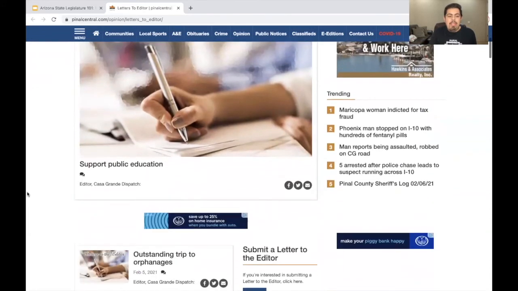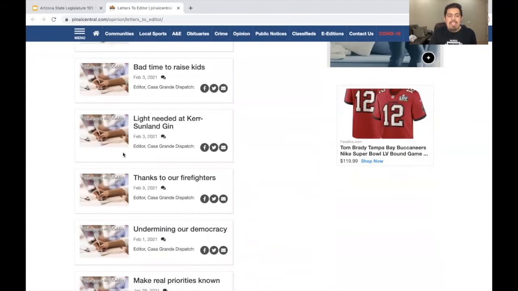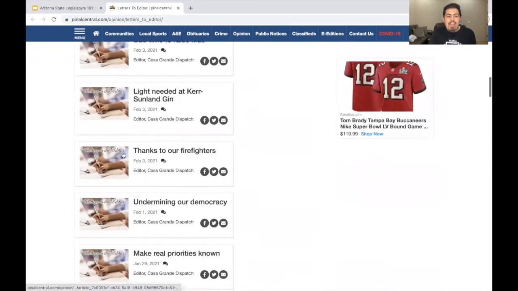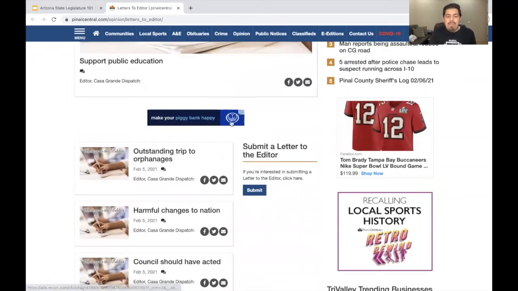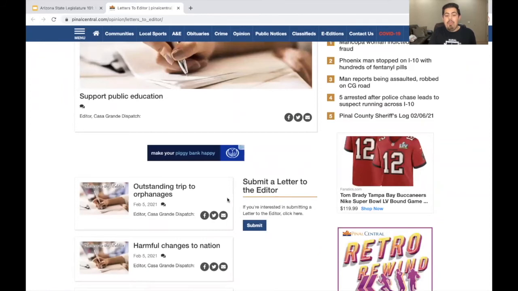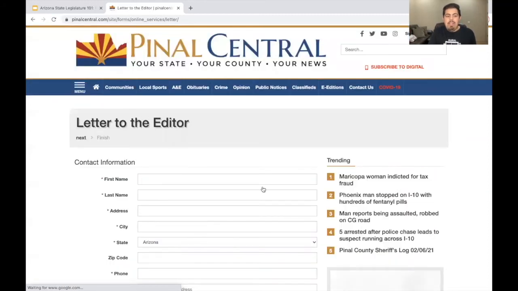This page shows all of the recent letters to the editor that people have written, and you can go read them if you want to. But right here, it will show you where you can go submit your own letter to the editor. So I'm going to go ahead and click on that.